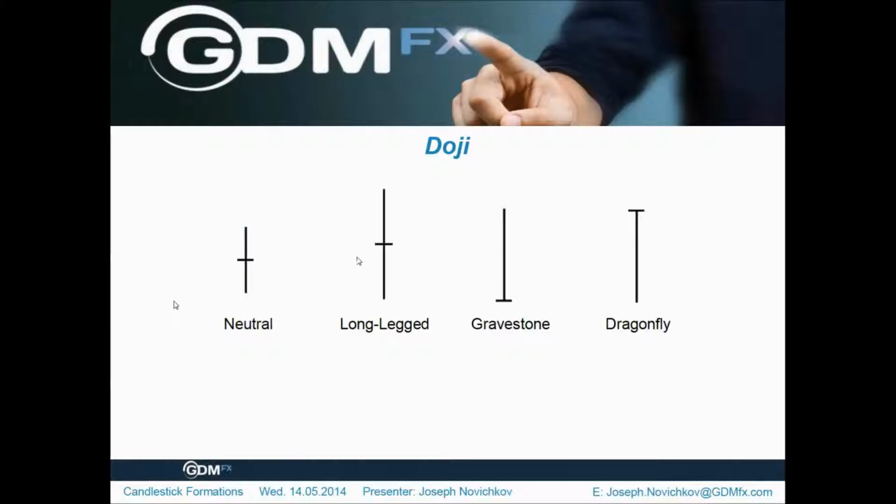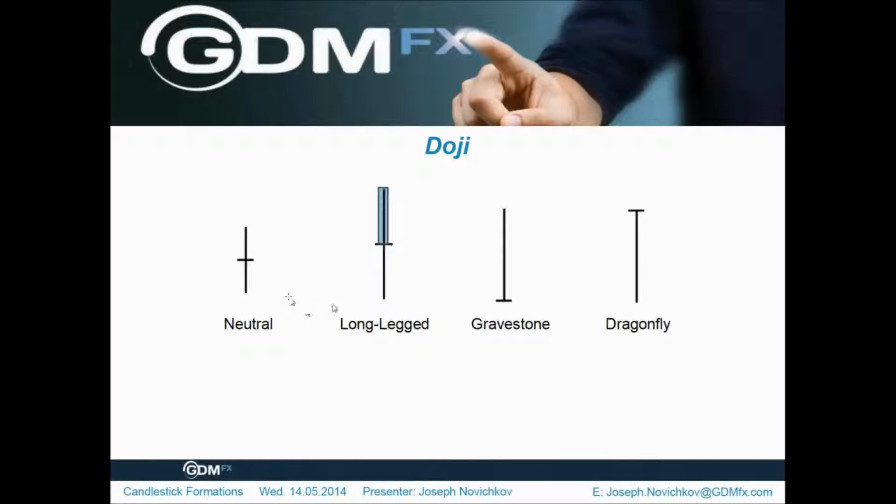The second type of doji that we can spot on the chart is the long-legged doji. The long-legged doji has a very long shadow on the bottom, below the opening and closing of the price, and a very long shadow on the upside of the opening and the closing of the price.